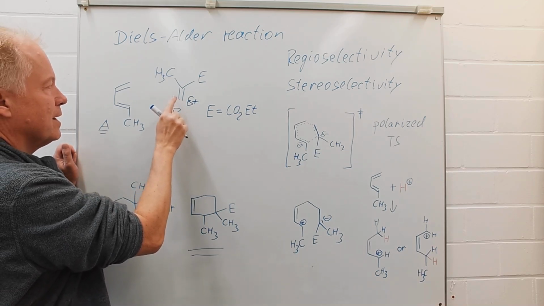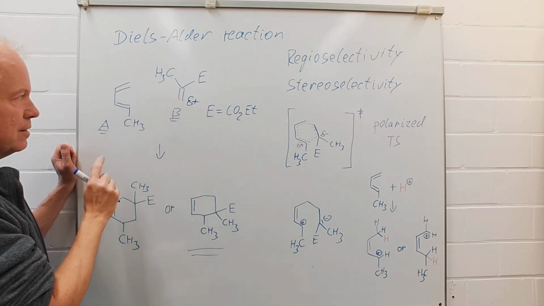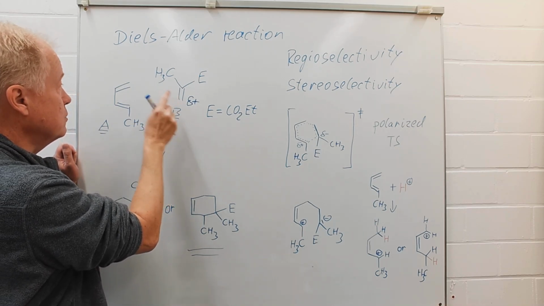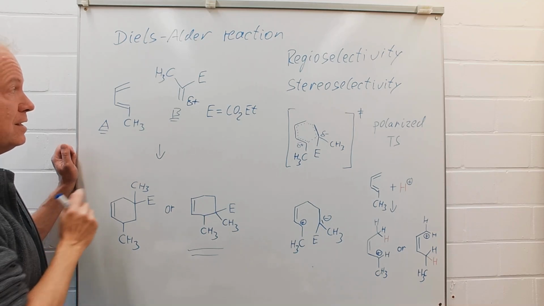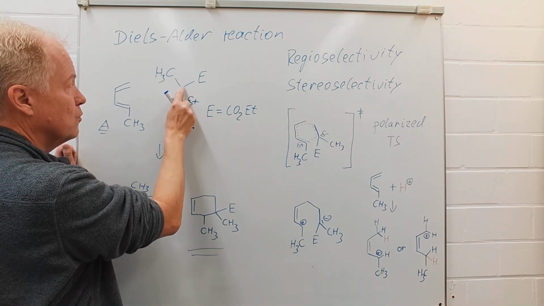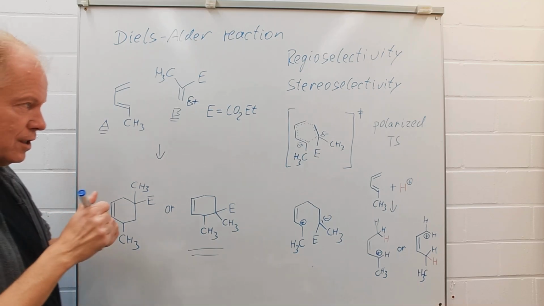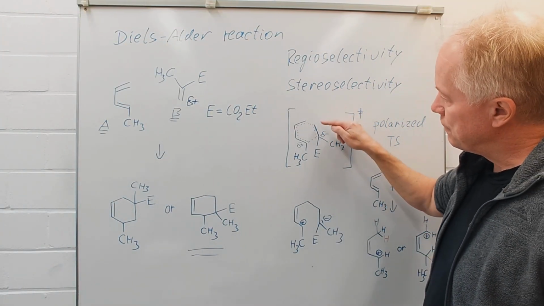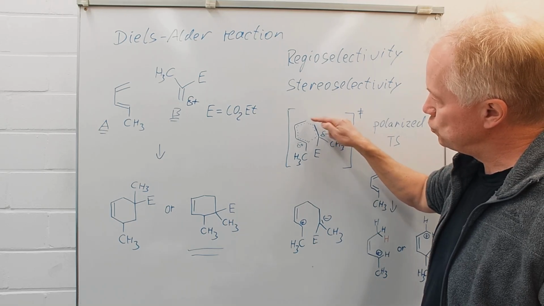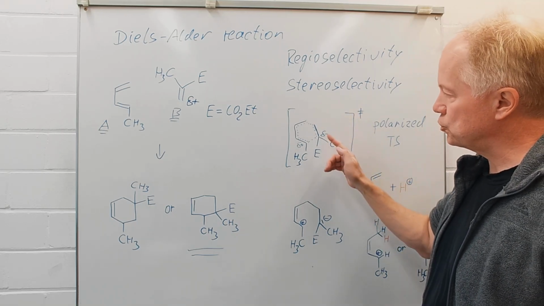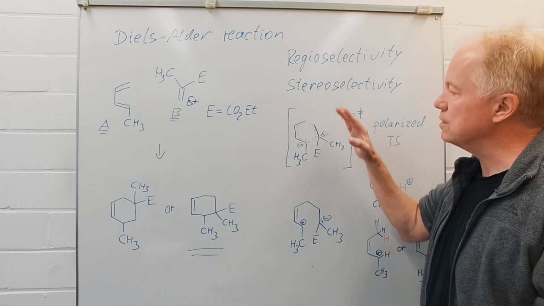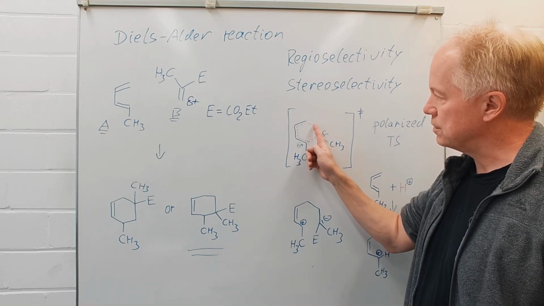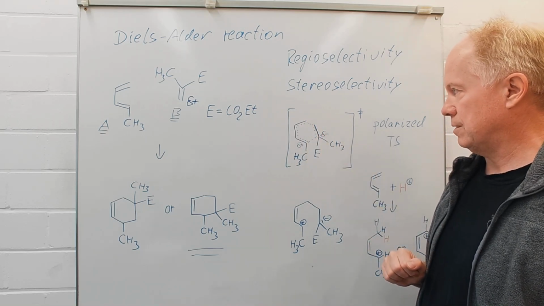So it will attack somewhat faster with this position, with the delta plus position here at that diene compared to that position. It's still concerted, but during that approach, these two centers are more close together than those two centers, but in the end of the process, the bond length between here and there and here and there should be almost the same.